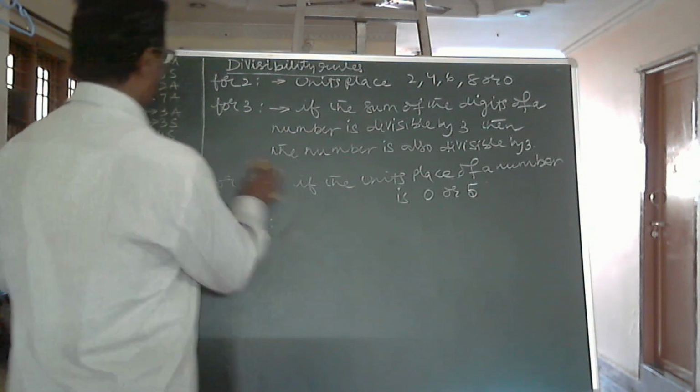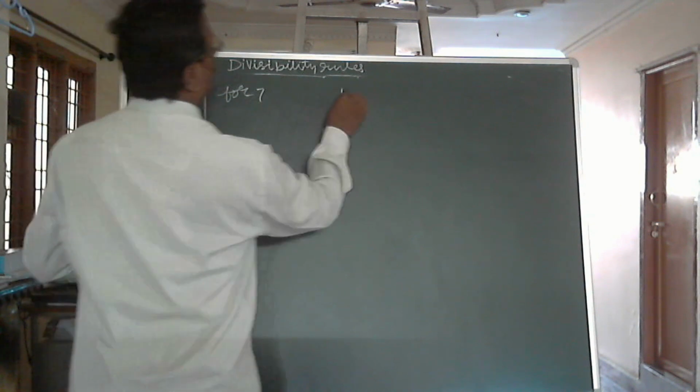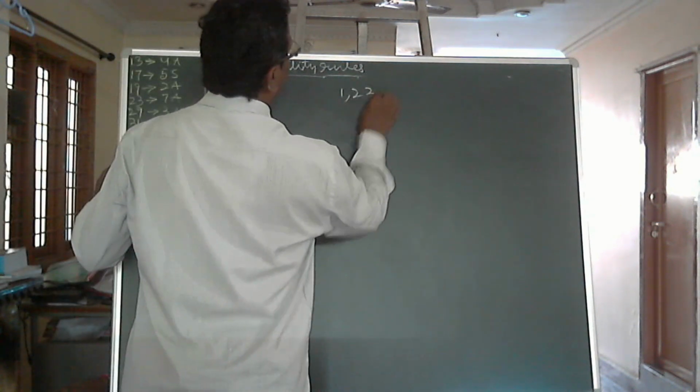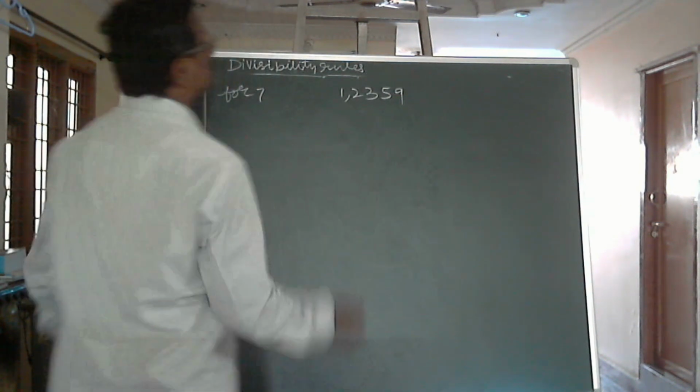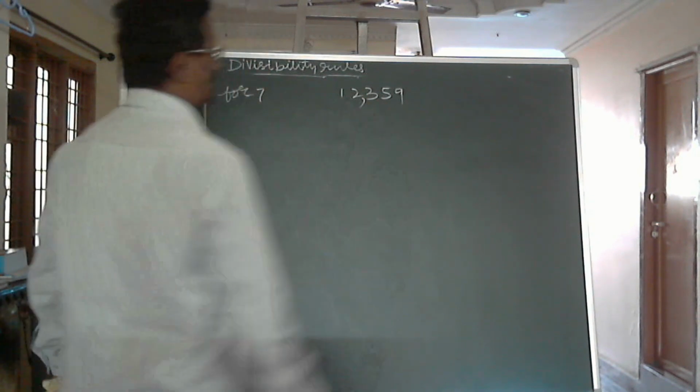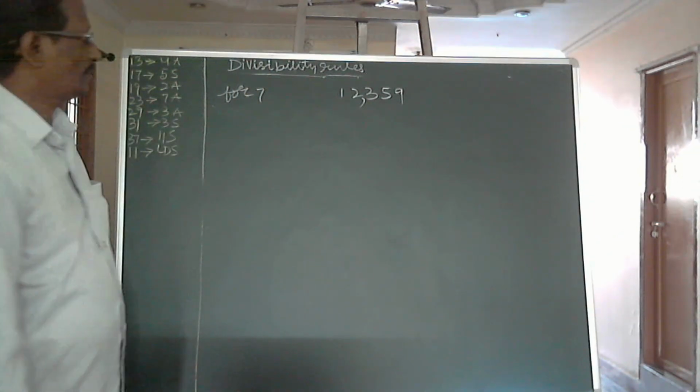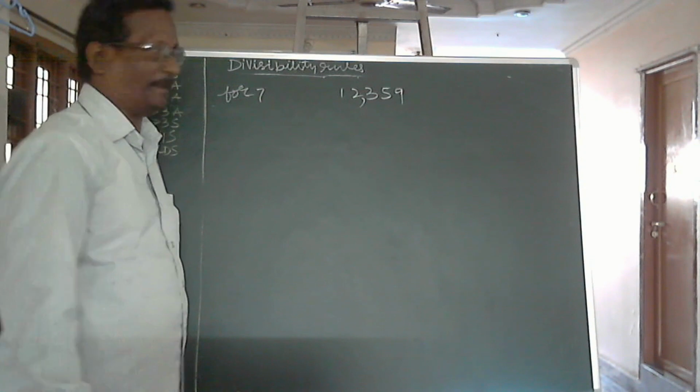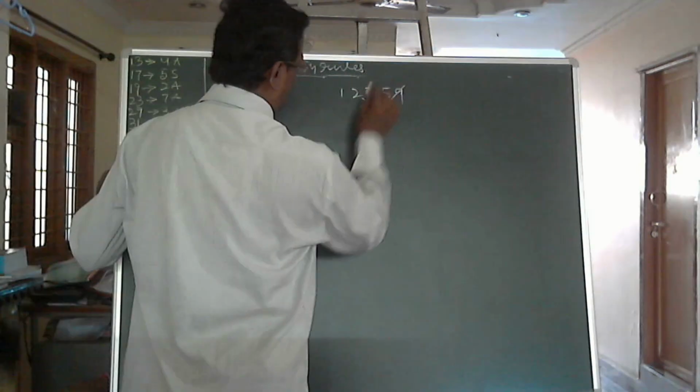For 7, 12,359. To check whether this number is divisible by 7 or not, cut this 9.